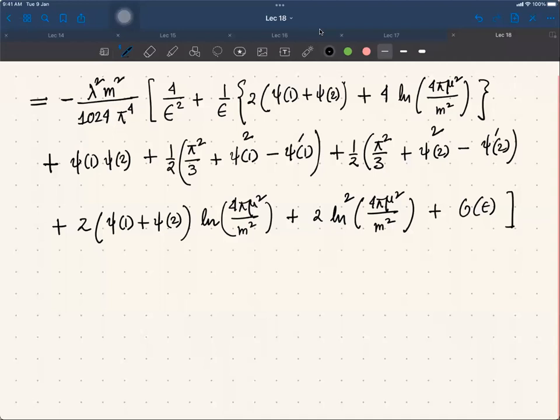This can be written in a slightly more organized way, you may say.